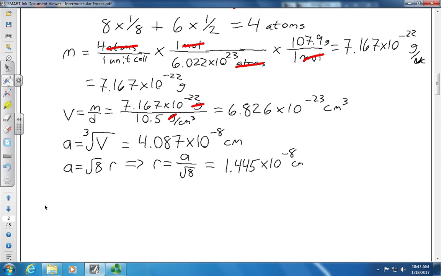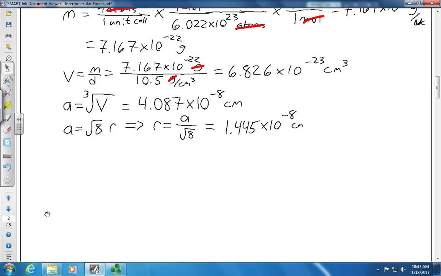But we don't want it in centimeters. We want it in picometers. So we're going to relate it back to picometers using dimensional analysis. R is equal to 1.445 times 10 to the minus 8 centimeters.